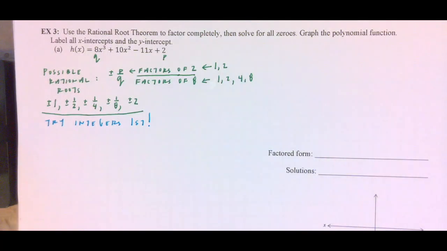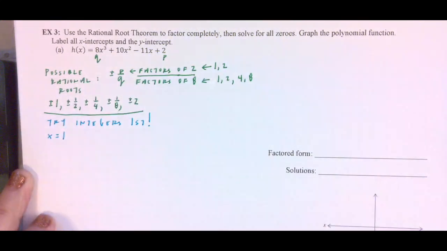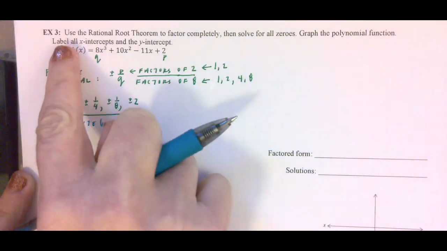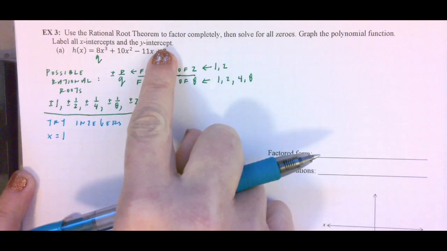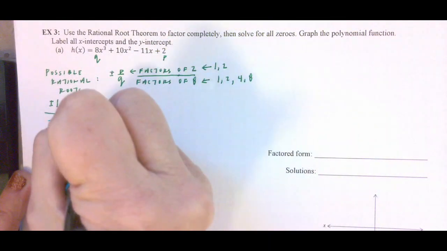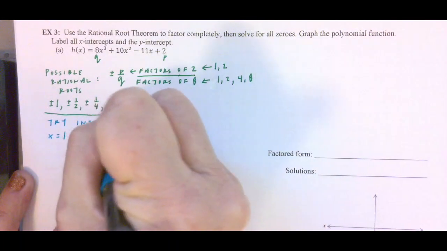Okay, and you could use either substitution or you could use synthetic division to see if it is an actual 0. So let's say that I tried 1. Let's say I tried x equals 1. What I'm doing is I'm plugging it back into this function to see if the remainder is 0. So if I use substitution, right, I'm seeing what is h of 1. If I plug in 1 for x, does it output 0?